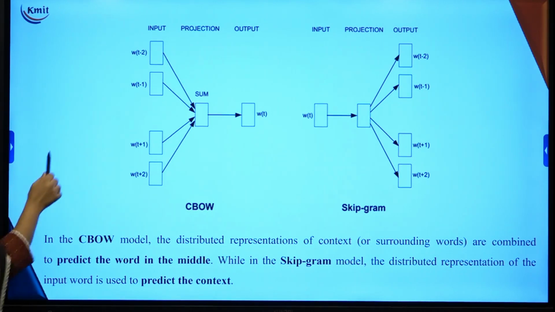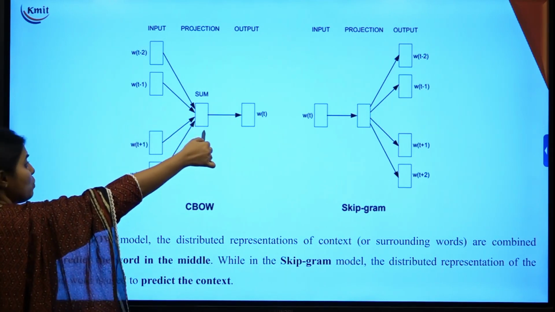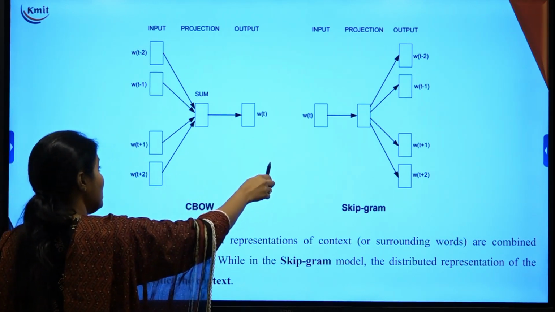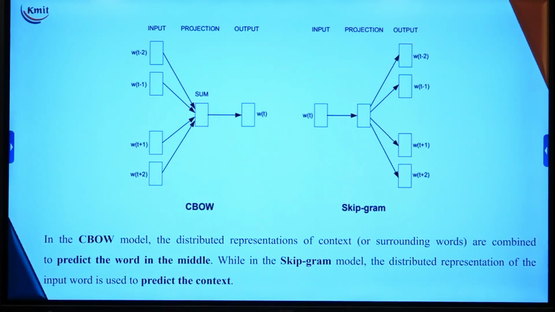So using the other words in the context as input, we are trying to predict one word in the middle. But when you go for the skipgram model, here the input is one representation. Using that input, we will have a distributed representation to predict the context.